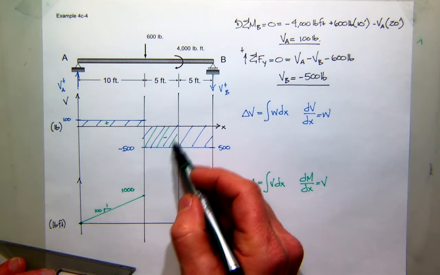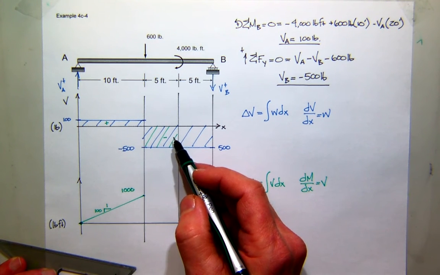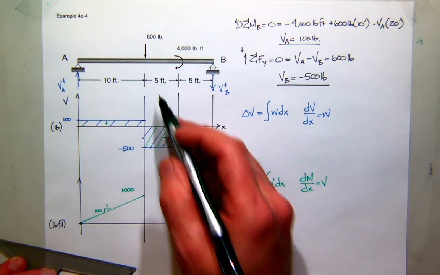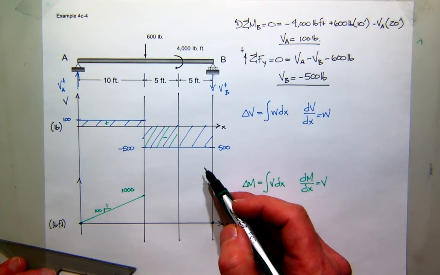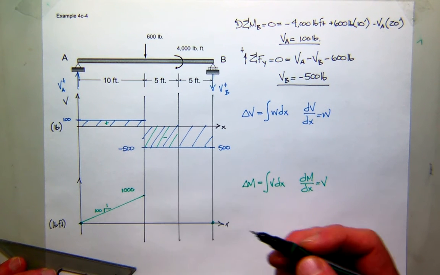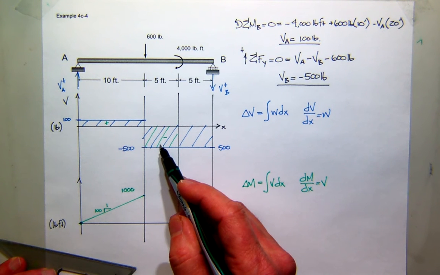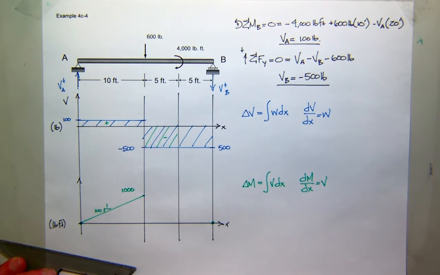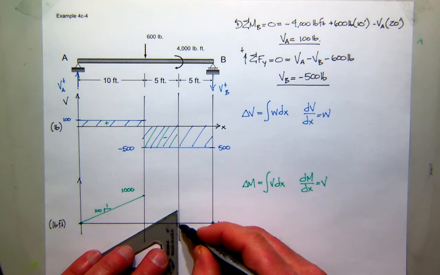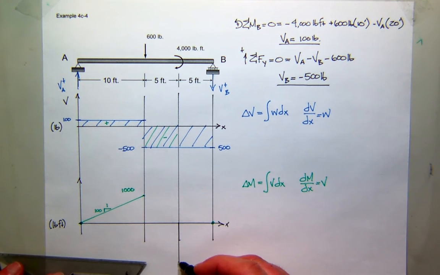How much is that? 500 times 5 is minus 2,500. So if I'm at 1,000, well, I don't have this to scale at all, do I? So if I have this 1,000 and I subtract 2,500, what do I get? Let me extend this a little bit and say I get all the way down to minus 1,500.